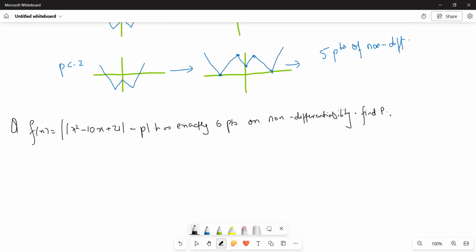Find the values of p for which the function will have exactly 6 points of non-differentiability.